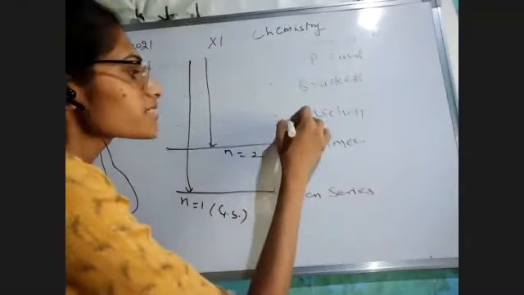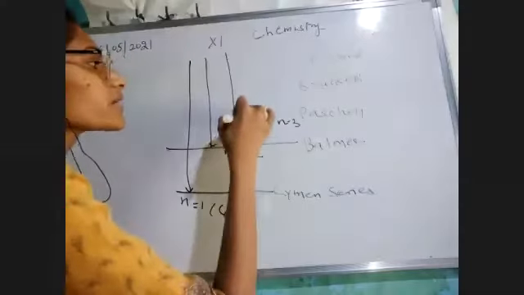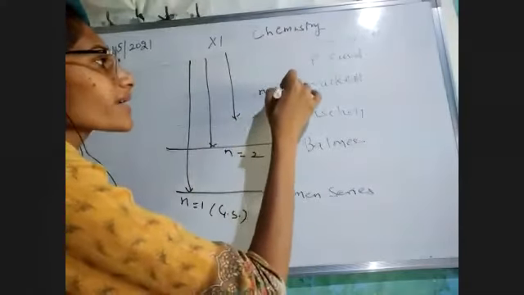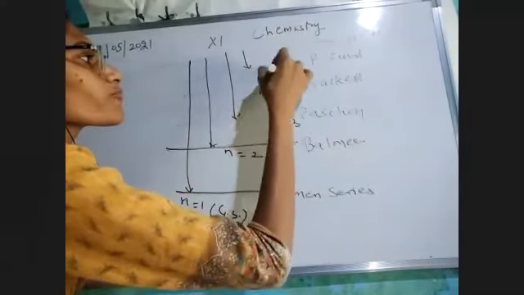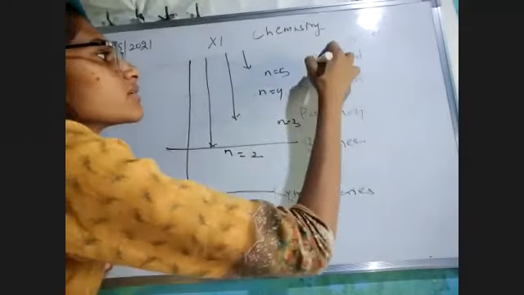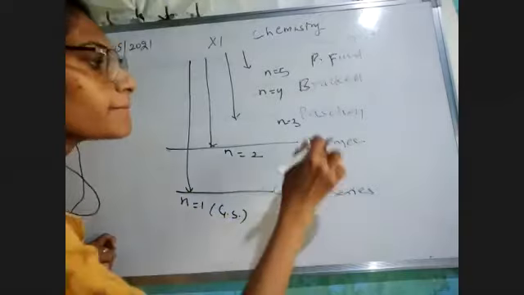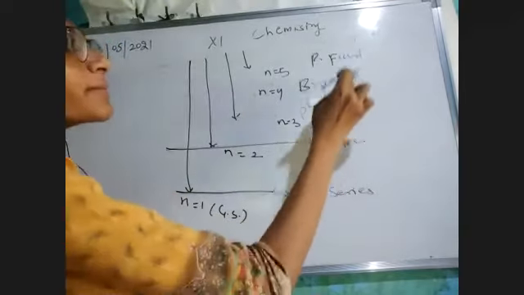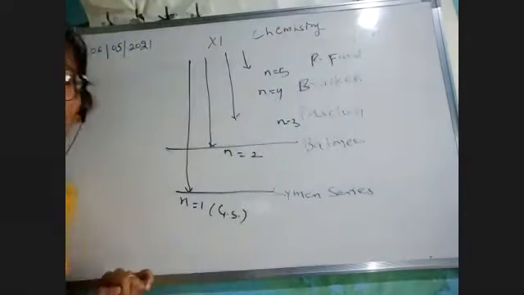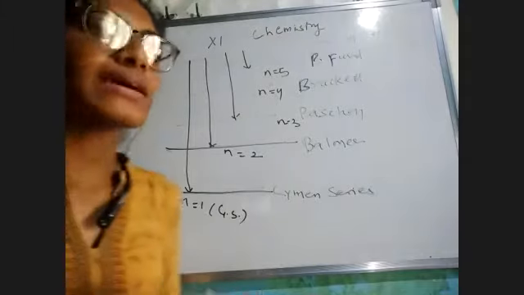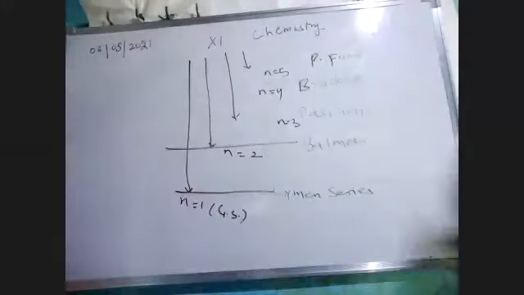This is Paschen series, n equals 3. n equals 4, Brackett, n equals 5, Pfund. You have to remember up to 5: Lyman, Balmer, Paschen, Brackett, Pfund. And we have a simple concept to remember this.